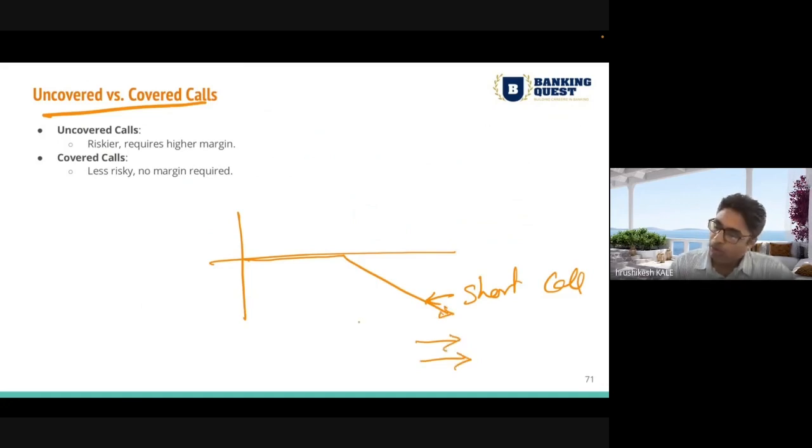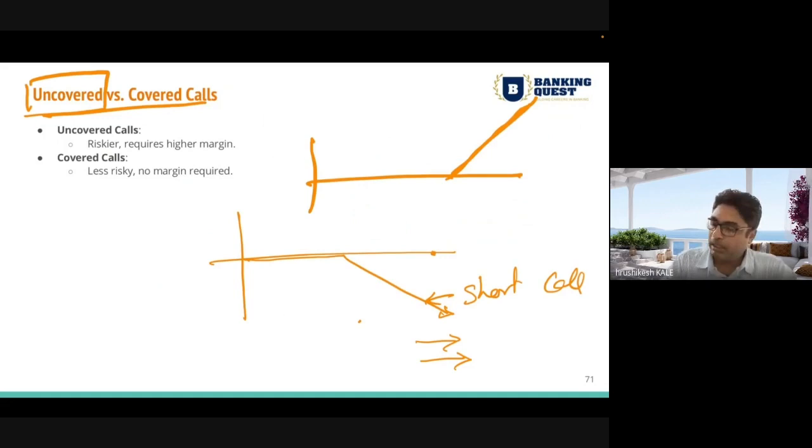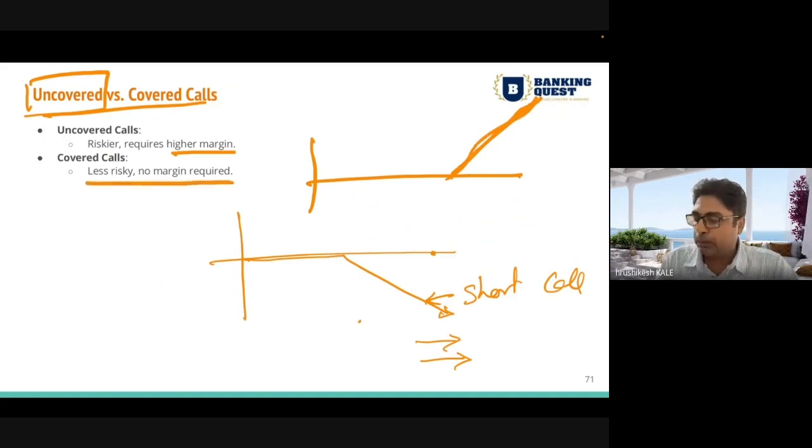If you do not have any other call option wherein after a specific point you are making profit, then that is called an uncovered or naked call. And that can be really dangerous. If you are uncovered, then it requires high margin. If you have a covered call, then you'll require less margin.